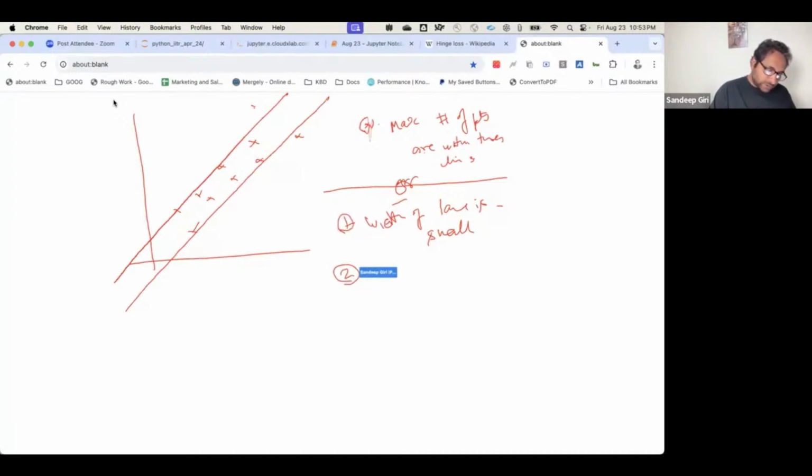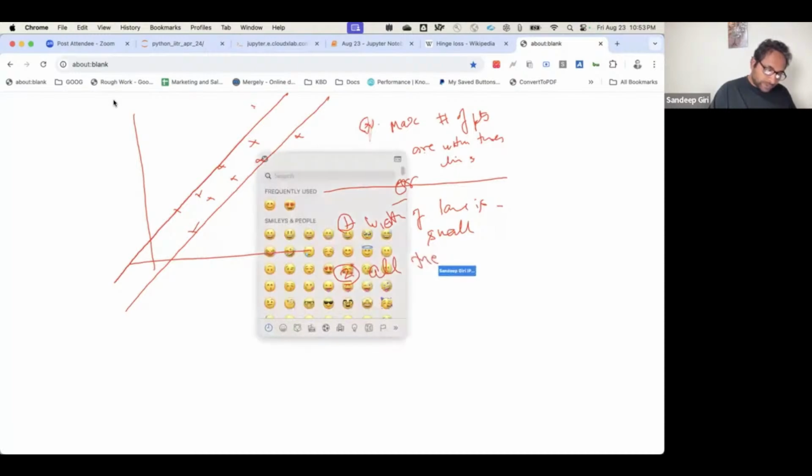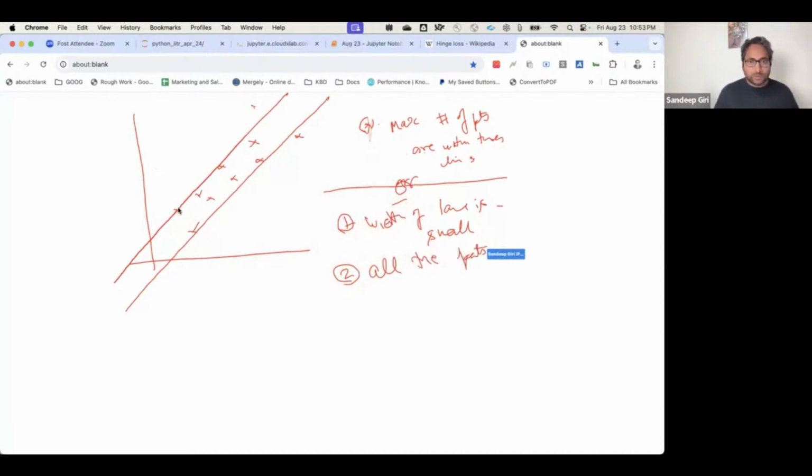Second objective is all the points are close to the center of the street.